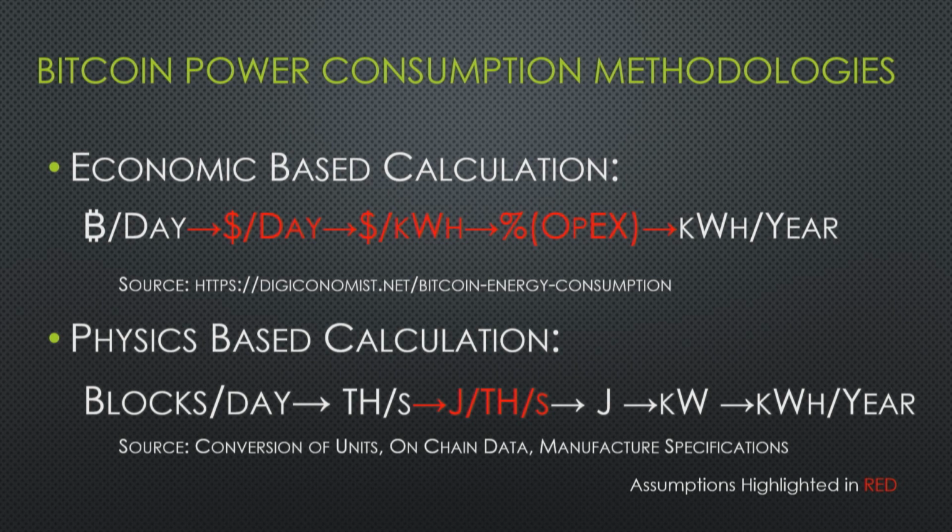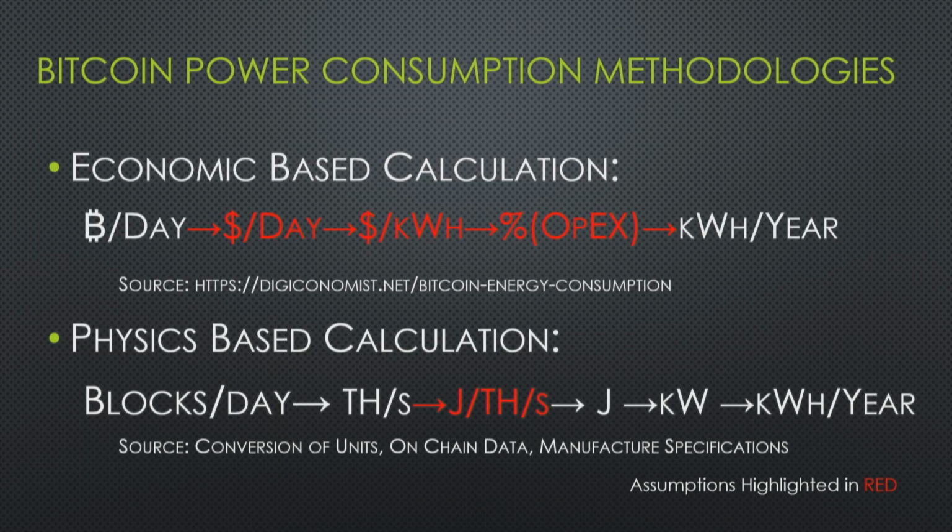I highlighted the areas where assumptions are being made in these calculations, and I think we limit assumptions quite a bit more in the physics-based calculation versus the economic-based calculation. Here, the main assumption we're attempting to make is the efficiency of each of these miners, which are subsequently published by a lot of these mining companies. So it's a little easier to estimate as opposed to just assume.